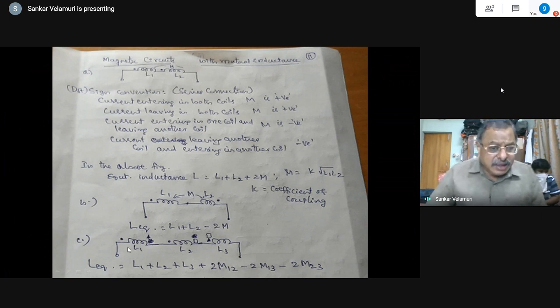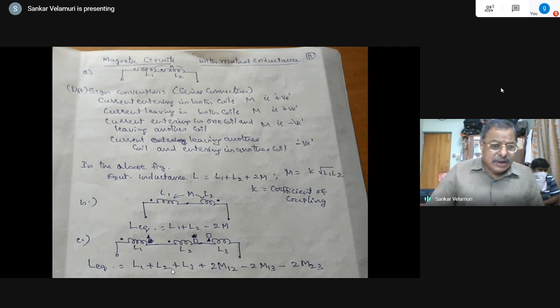Now in the 3 coils in series, again the dot convention shows that if the 2 coils are entering with the dot, the circle shown here is series aiding, and between 2 and 3 it is a square. Current leaving coil 2 and current entering coil 3 are in opposite directions, and between 1 and 3 it is a triangle, with current leaving inductance 1 and current entering L3.